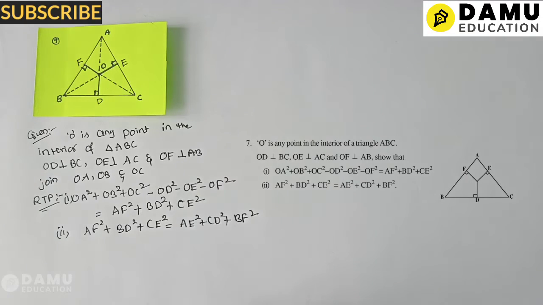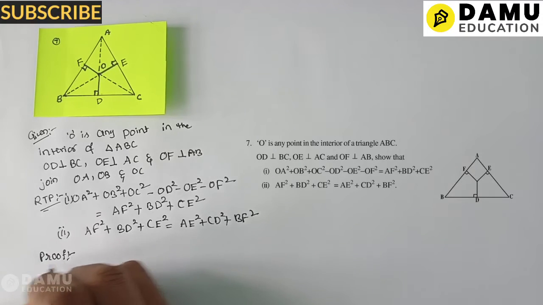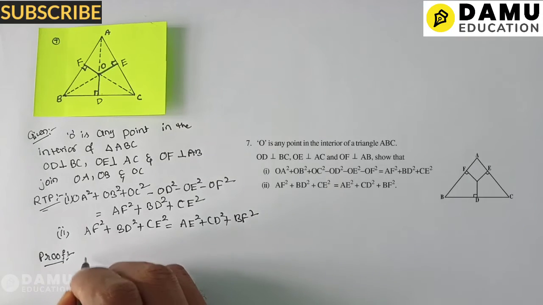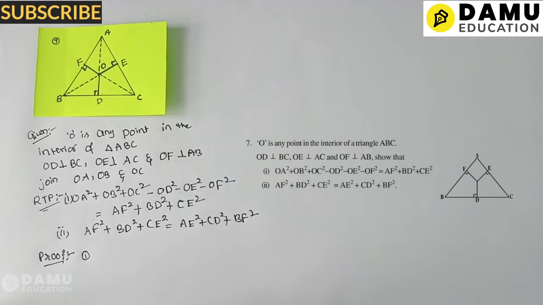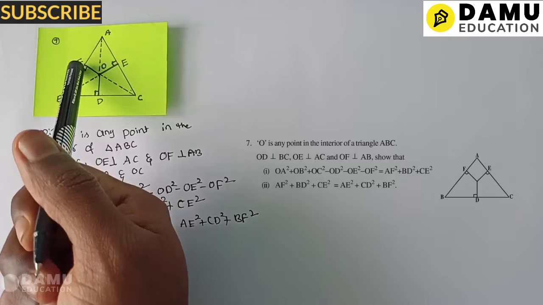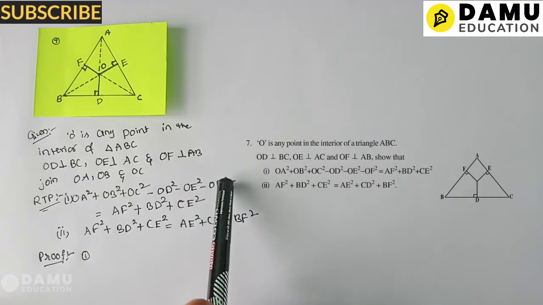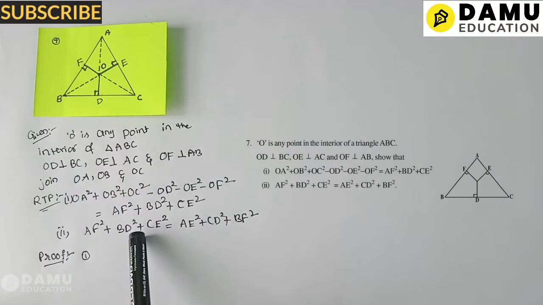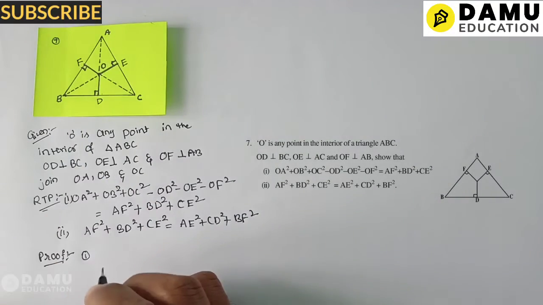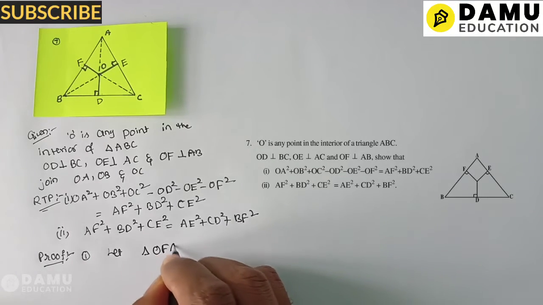So first of all, let's take the first one, proof. Now write the proof. So first one. Let's consider triangle OFA. Why? Because here it's rotating on OF, OA and all the considered things. So let's consider triangle OFA.